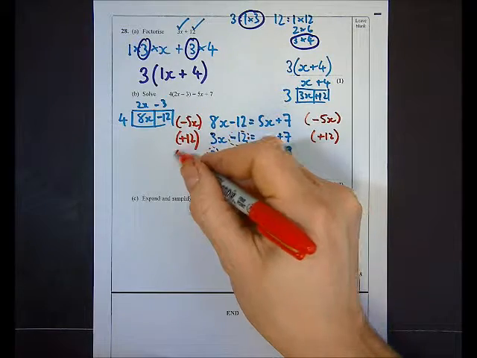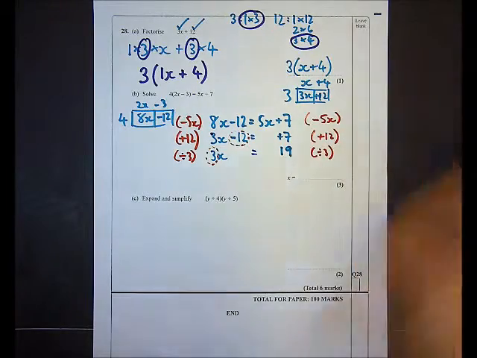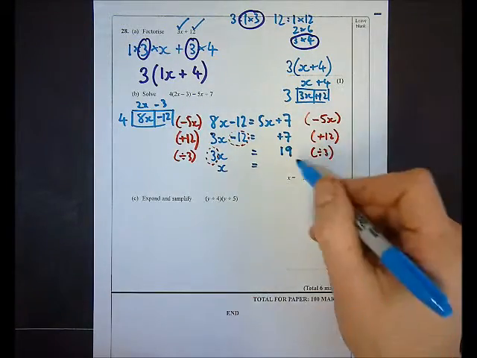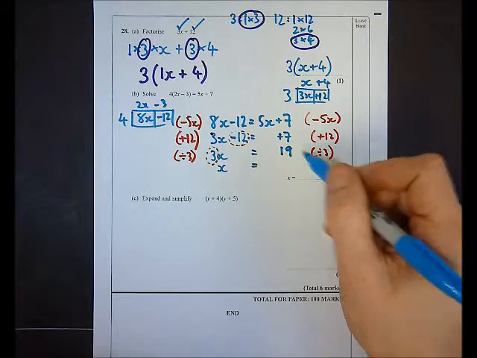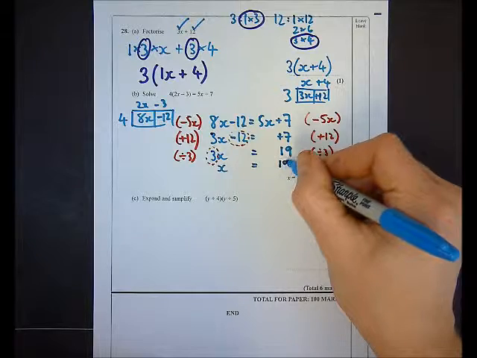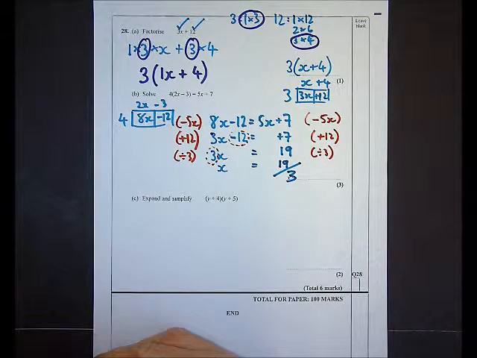So I'm going to divide by 3. So that will leave me with just x on this side, and on this side I've got 19 divided by 3. Now 3 doesn't go into 19 a whole number of times, so I'm going to use a fraction and I'm going to write 19 divided by 3, and that's perfectly fine.